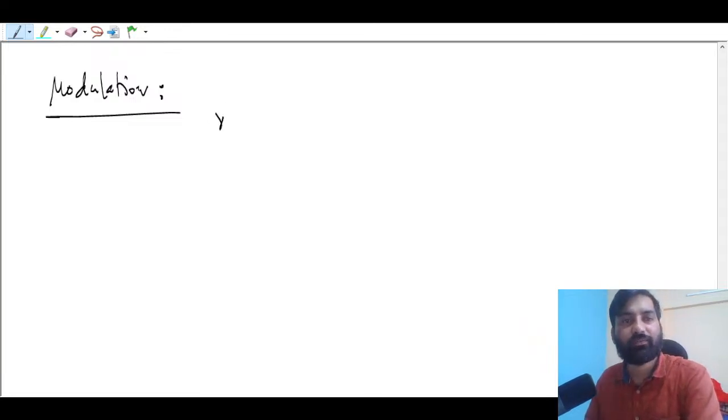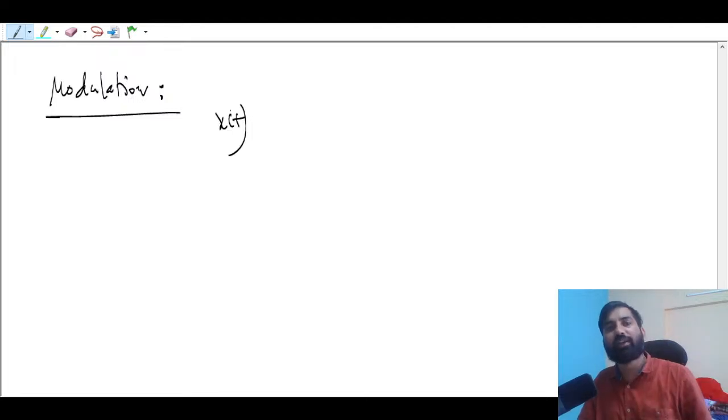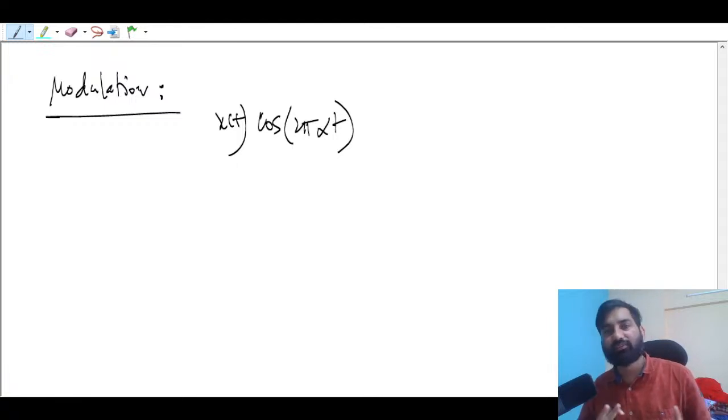If you multiply any signal x(t) by cosine 2 pi alpha t, and cosine or sine are considered to have a high frequency, they have very high frequency. So if something is multiplied with x(t), here we can consider it as a message signal also.